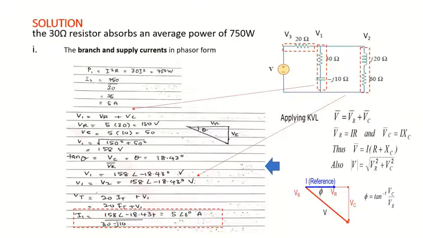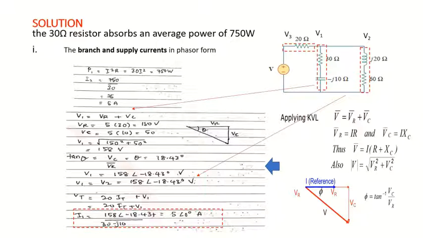If you refer to your circuit in the given question, V1 is equivalent to V2 since they are connected in parallel. So V1 is equivalent to V2, which is equal to 158 with minus 18.43 degrees volts, because the angle is in the negative portion.